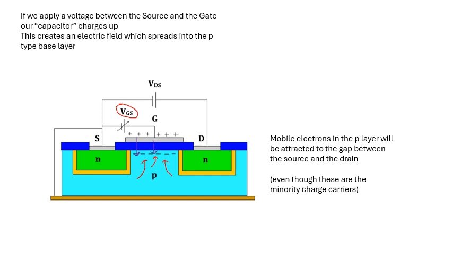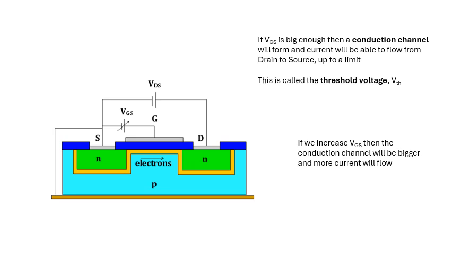Now, if this voltage VGS is big enough, look at the orange bit at the moment. Now look at it. What's happened is that we have this conduction channel. Our orangey bit has extended, it's joined the two N types together.